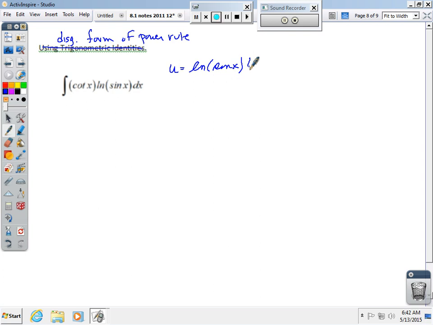And what you're going to see happens here is that when I do the derivative, the derivative of ln of u is u prime over u, so the derivative of sine is cosine, over sine. Well, cosine over sine is equivalent to cotangent x dx. So I can rewrite this integral of the cotangent x dx as du, and the ln of sine x is equal to u.